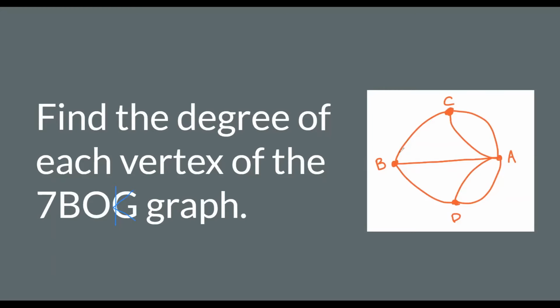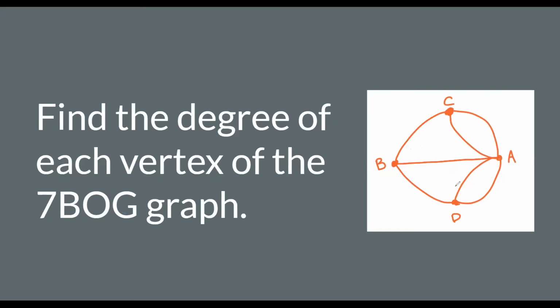In order to find the degree, basically look at the number of edges that contain that vertex. For B, there are 3 edges that contain B, one right here, one right here, one right here. So that is a degree of 3 for B. That's an odd degree.